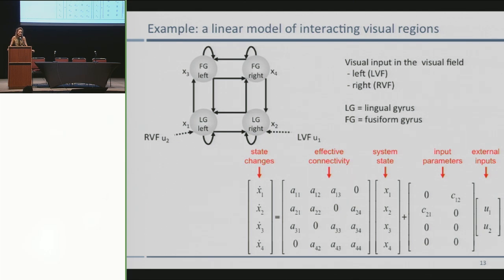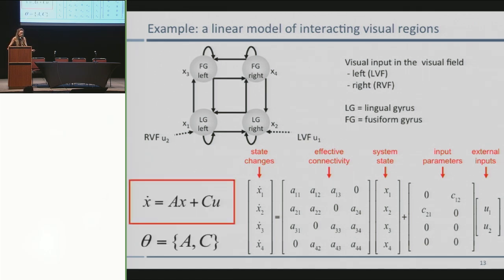So you should be able to see how that little dynamic in that 4-region model is represented here. And again, we saw these connectivity matrices in Eugene's talk, where we have the diagonal describing self-connectivity and the off-diagonal components describing connectivity from, say, X3 to the impact on the rate of change of X1. So altogether, we'll have this simple linear ordinary differential equation where x dot is equal to Ax plus Cu.